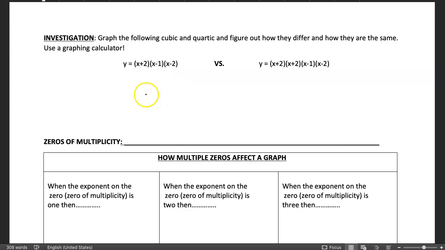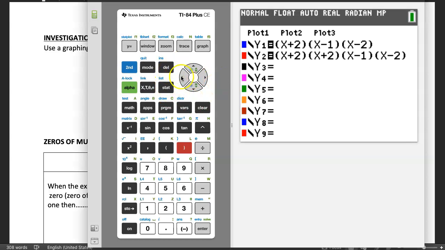Now, let's go ahead and graph these two equations and see how they differ. I'm going to be looking at x plus 2 times x minus 1 times x minus 2, and x plus 2 times x plus 2 times x minus 1 times x minus 2. So here we are with both equations. In this one we have two x plus 2's.